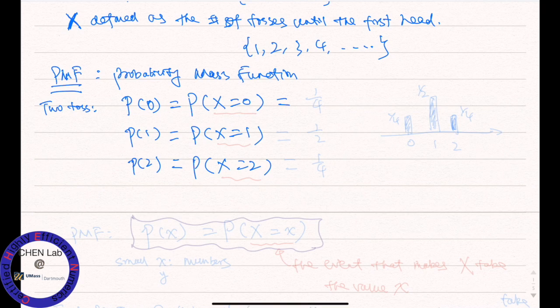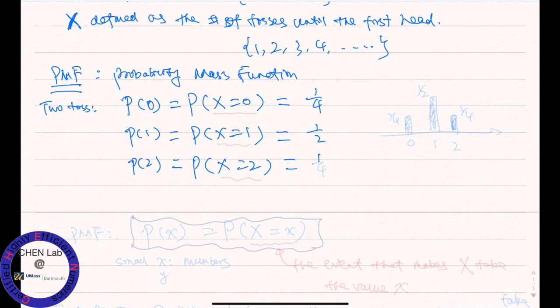And we already know, what's the probability of having 0 heads out of 2 tosses? 1 over 4, exactly. I see many of you were saying that. X equal to 0 corresponds to TT, so it's 1 over 4. X equal to 1 is 2 over 4, which is 1 over 2.